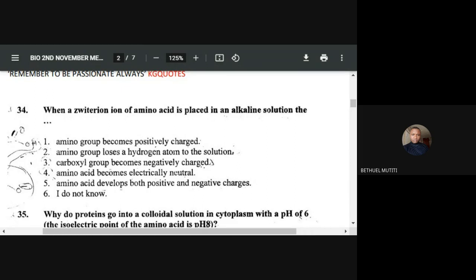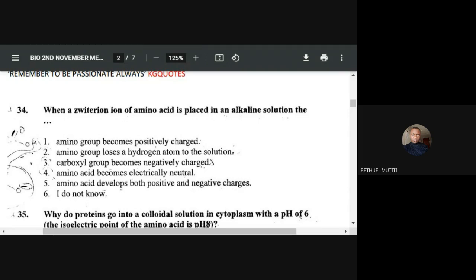So if we look at option 1, we have the amino group becomes positively charged, but actually we know that in an alkaline solution, if we place this deuterium ion, this amino acid will behave as if it is an acid.